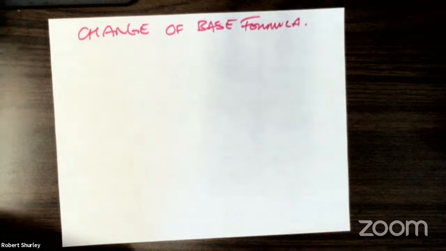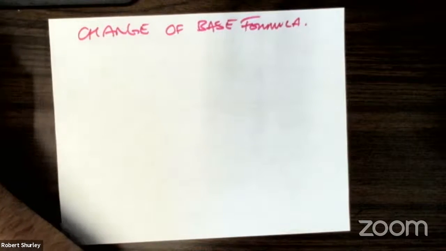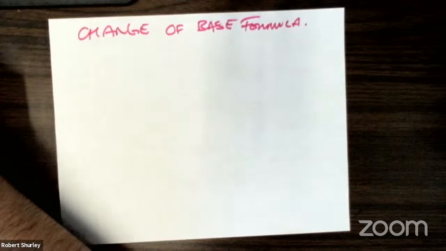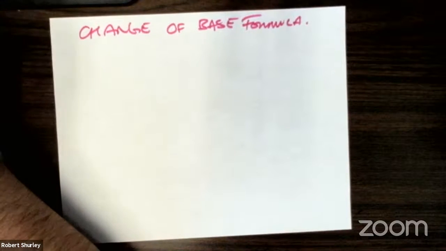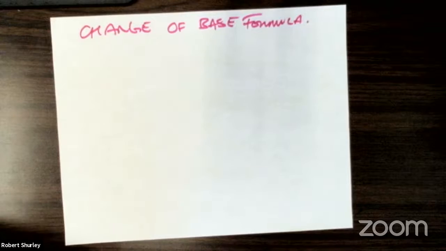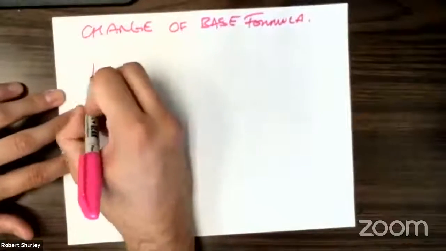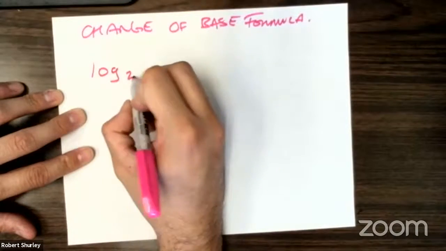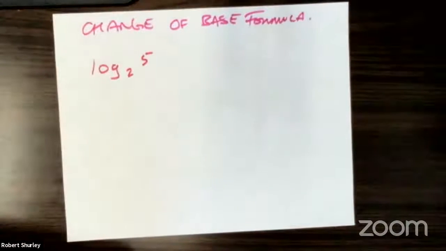So to do this, I use ln. It's in your book on page 475. And what you can do is write a ratio of ln's if you want to get the actual number. So let's say we had log base 2 of 5, okay?